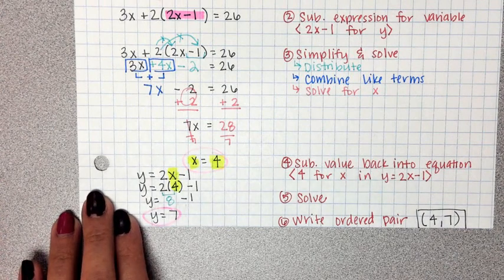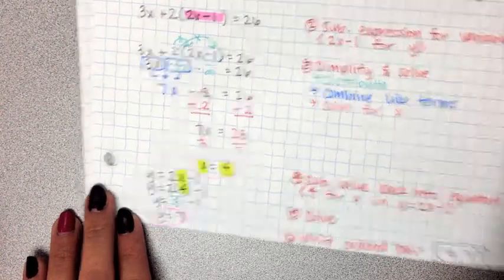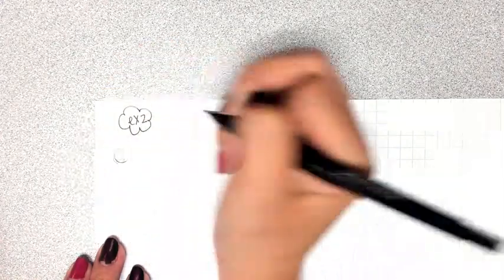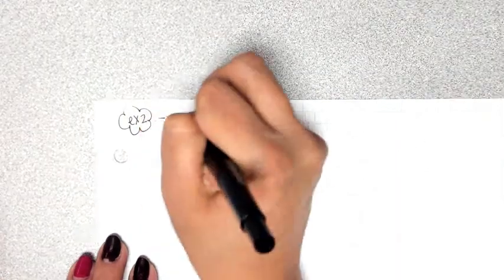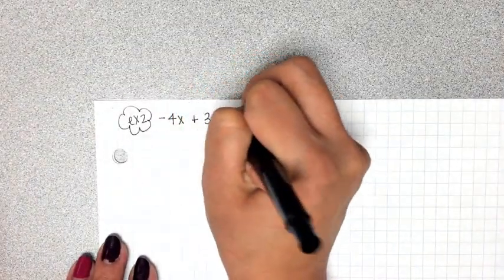I'm going to do one more. Same idea. Just see it one more time. So negative 4x plus 3y equals negative 14.